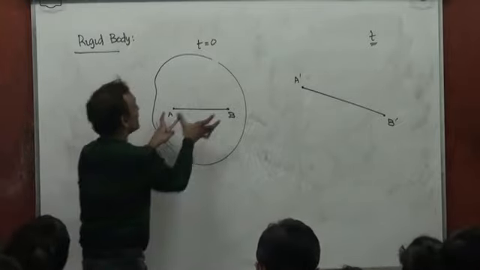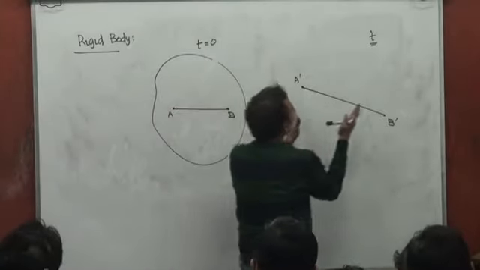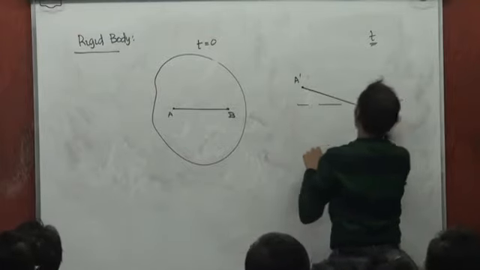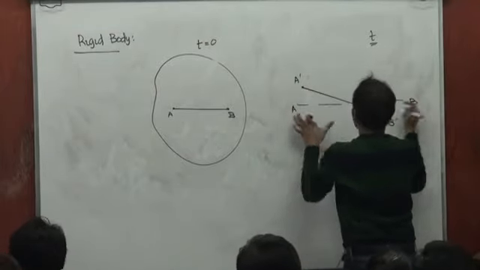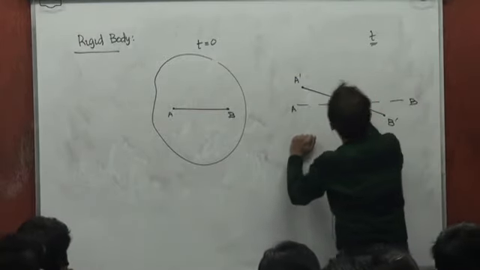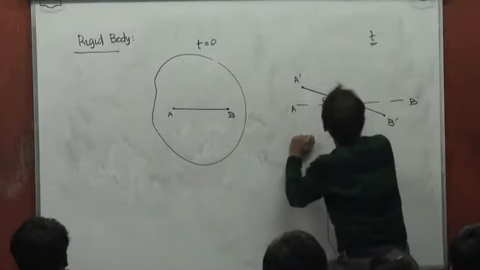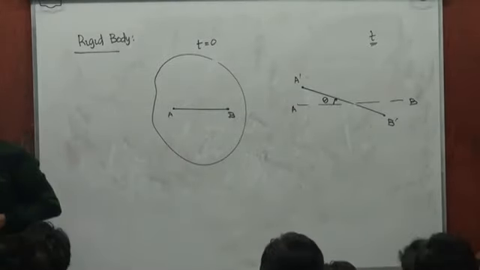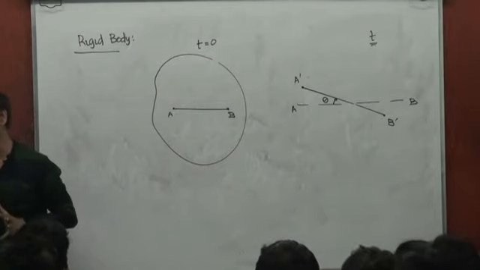Take this AB, superimpose it right here, move it parallel to itself. This was the original orientation, and this is the revised orientation. Then this angle by which it has got reoriented will be a measure of omega.